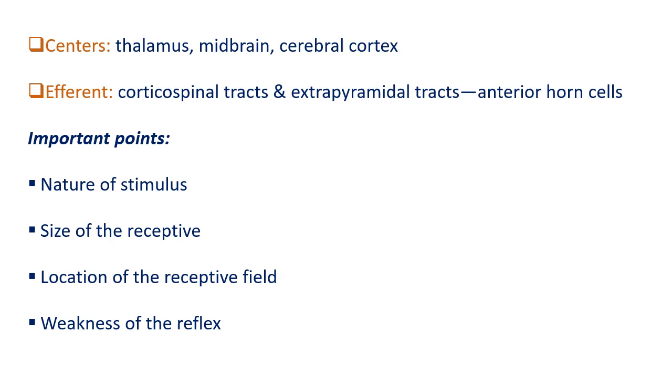So absence of a superficial reflex is not a sign of disease, but its alteration is. If we are not able to elicit the reflexes, we need to increase the size of the receptive field and then increase the pressure of the stimulus to elicit the response.